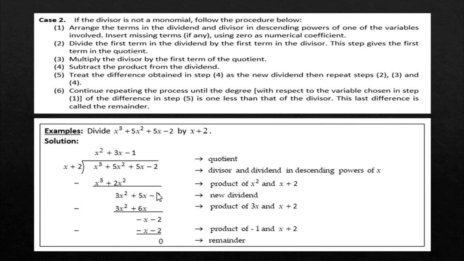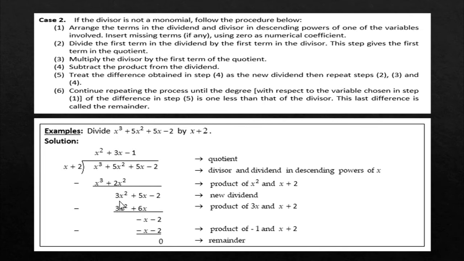Then, bring down na to si negative 2. Then, we find another nga ma-divide sa atong 3x squared. So, unsa man ang atong ma-multiply ni x plus 2 nga maka-arrive tag 3x squared. So, that is 3x. Kay 3x times x is 3x squared. So, 3x times 2 is 6x.